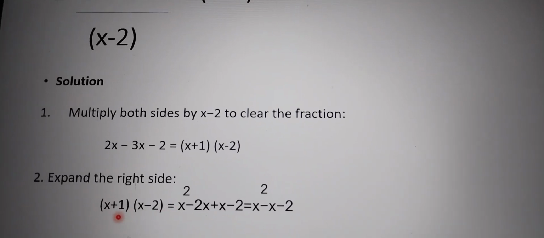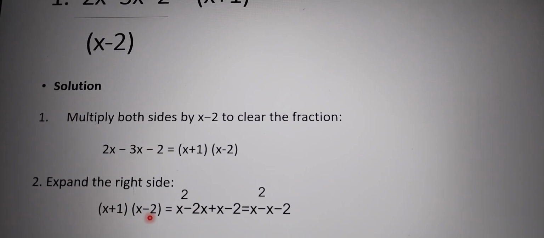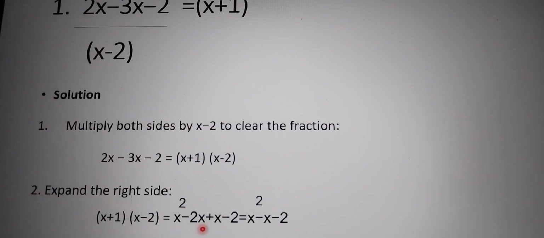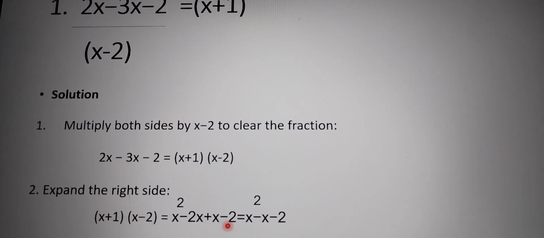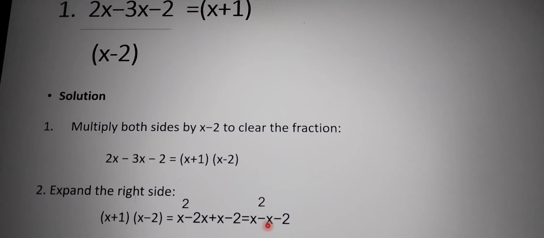When we expand it, x will be multiplied by x and by negative 2, while 1 will be multiplied by x and by negative 2. So we'll get x² - 2x + x - 2, which equals x² - x - 2.